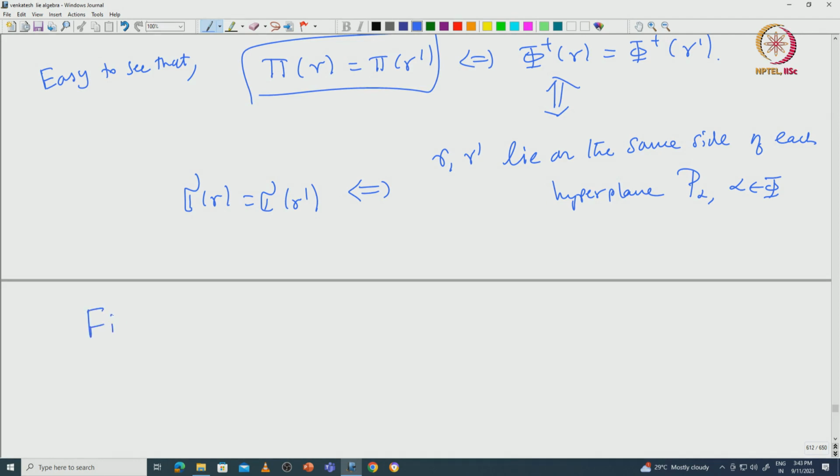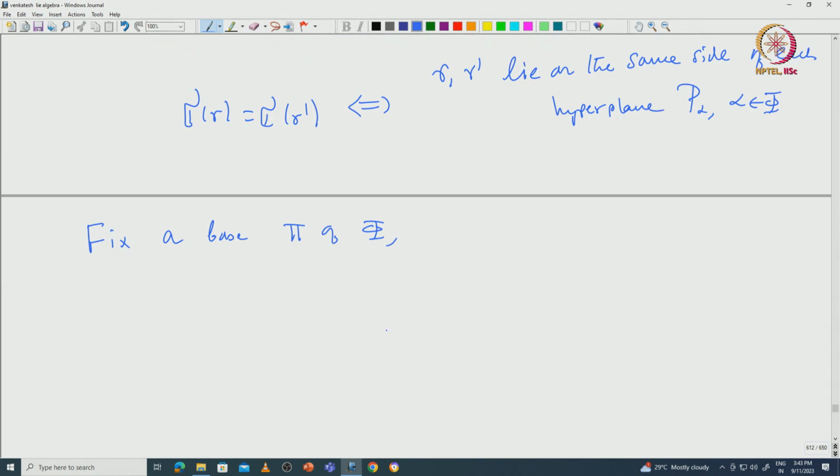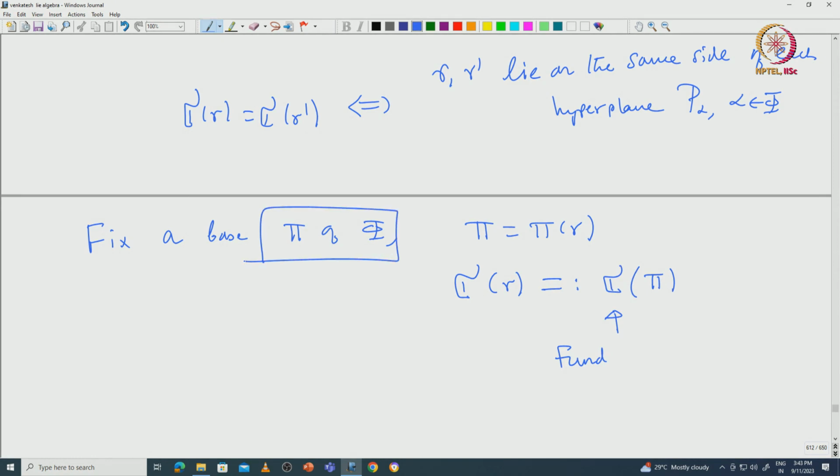We fix a base pi of phi. Then there is a chamber that corresponds to pi. In particular, pi will be pi of gamma, and we take the chamber corresponding to this gamma to be the chamber corresponding to pi, and this we call the fundamental chamber. That means we are working with one fixed base now.